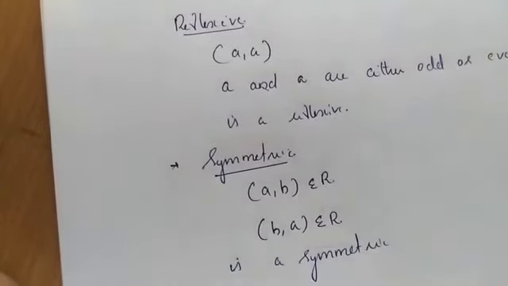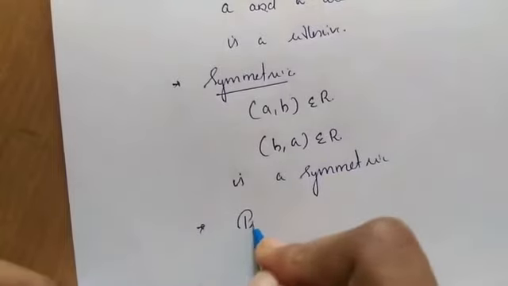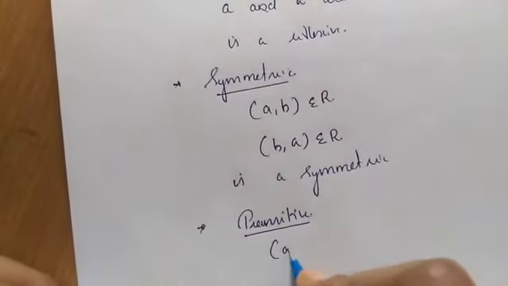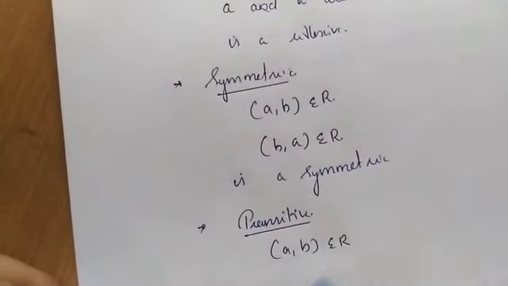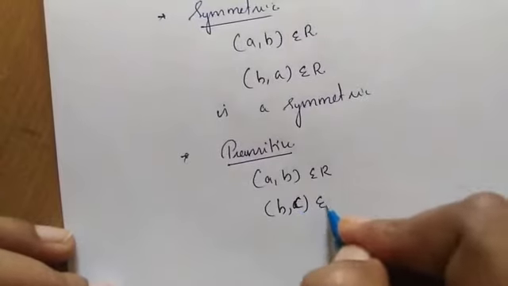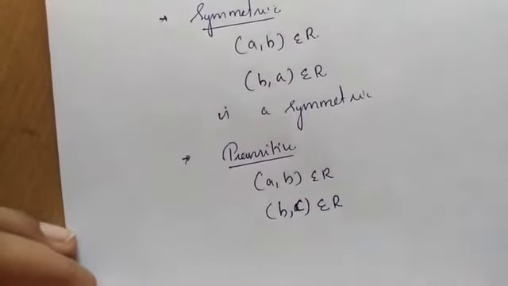And finally transitive. a comma b element of R, b comma c element of R. a, b and c can take either odd or even values.